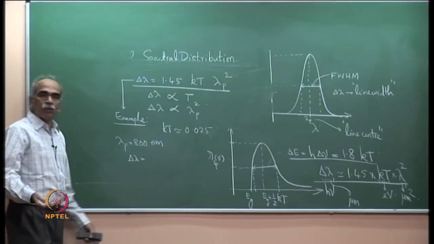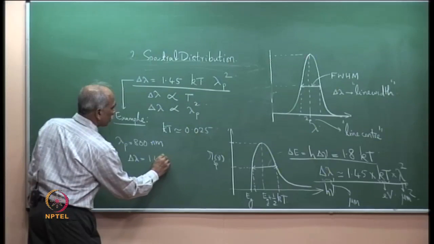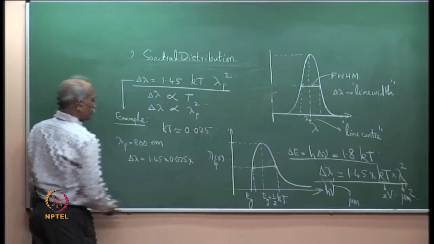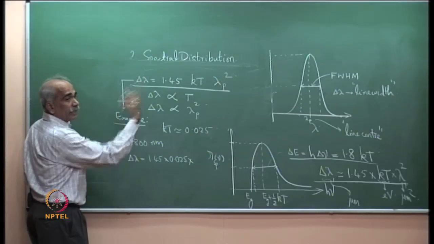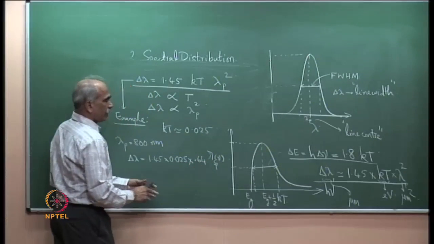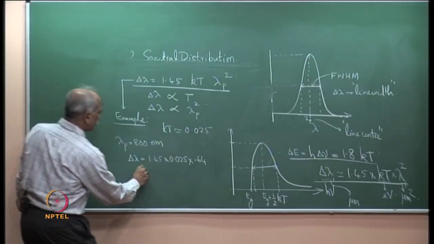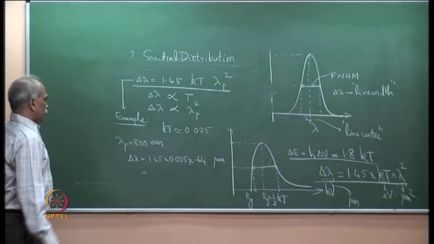Just to have an idea of the numbers, it is 1.45 into 0.025 into, this has to be in micrometer, therefore 0.8 square, so 0.64.